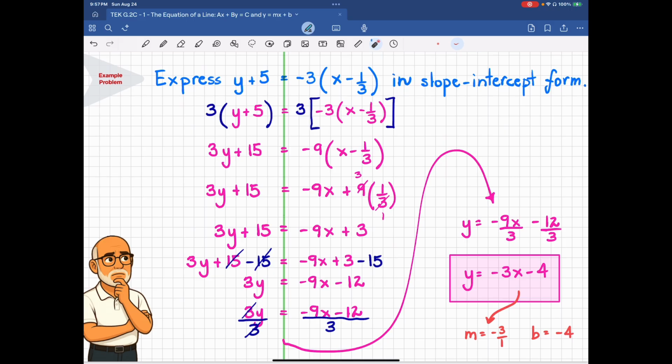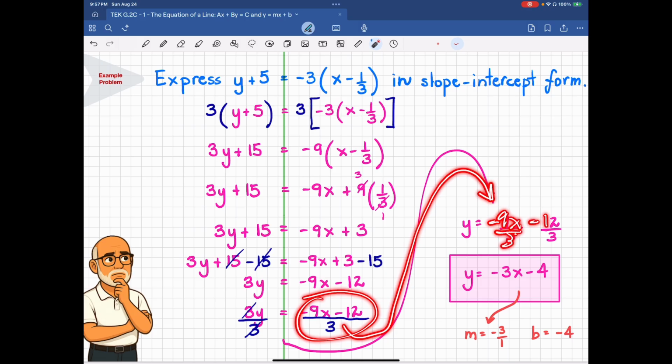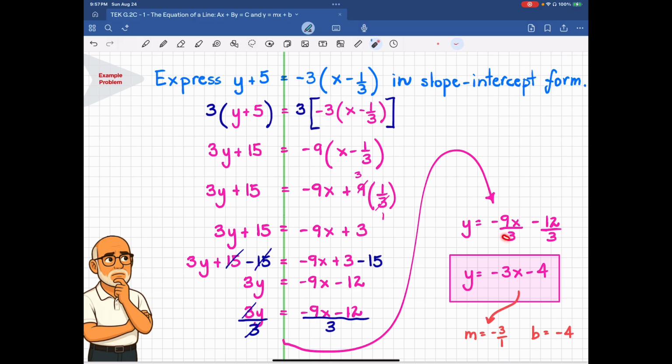So I'm going to take this, simplify it into a negative 9x divided by 3 minus 12 divided by 3. I know that 3 can go into negative 9 negative 3 times, and I know that 3 can go into 12 4, and we have to subtract that 4. So it's negative 3x minus 4.